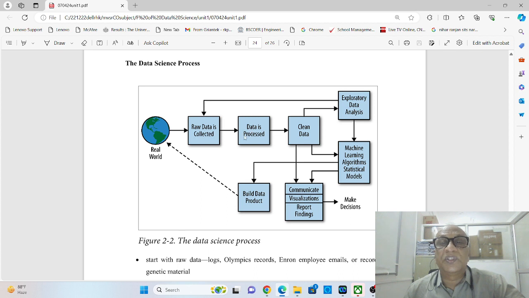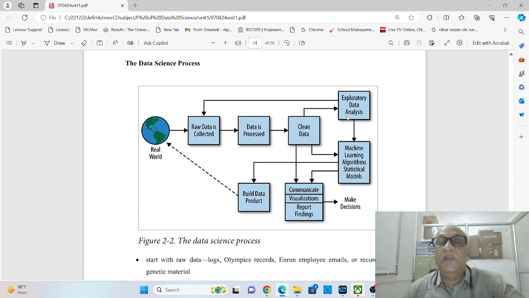That data is processed, that data is cleaned, and on that data exploratory data analysis is performed. Just now we spoke about exploratory data analysis, as in you see a lot of plots, relationships, summaries, means, medians, minimum, maximum, quartiles, this kind of data.